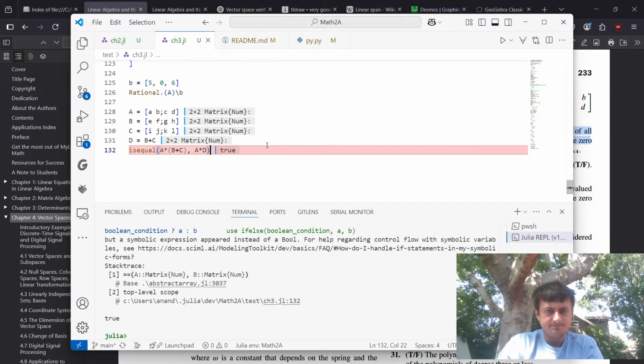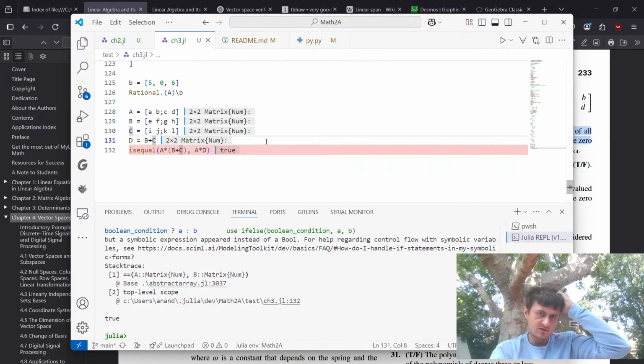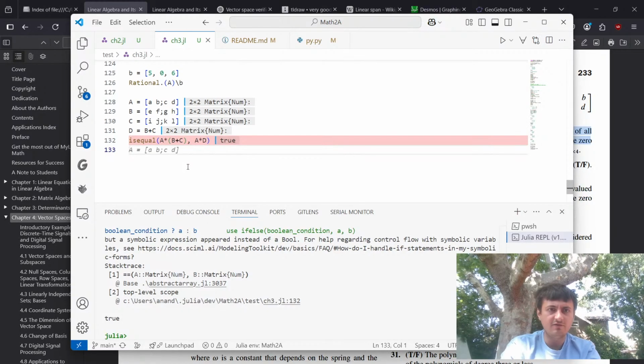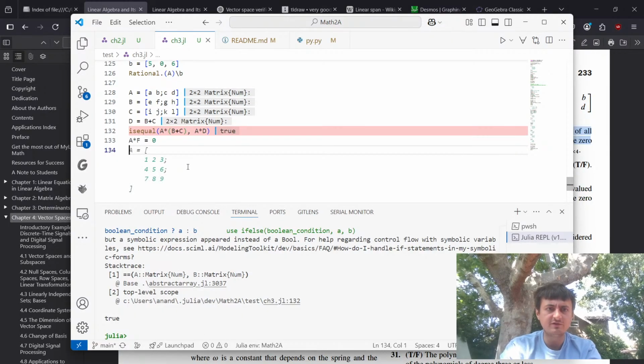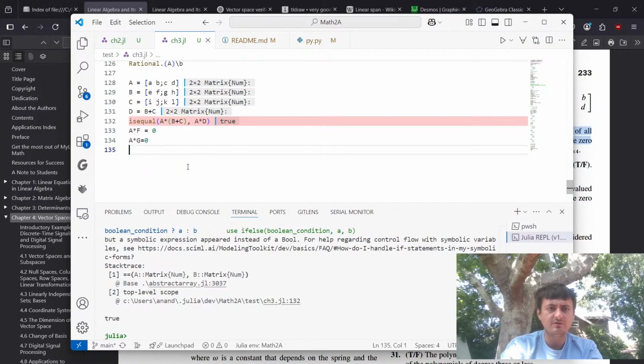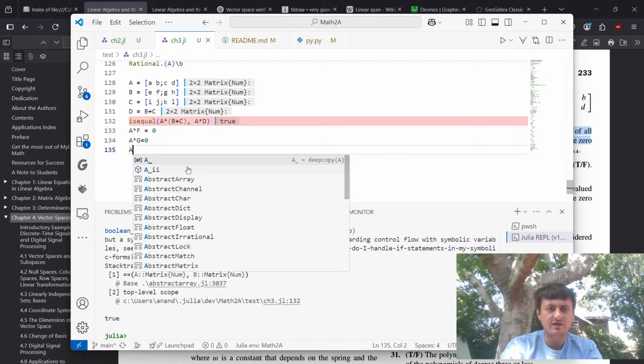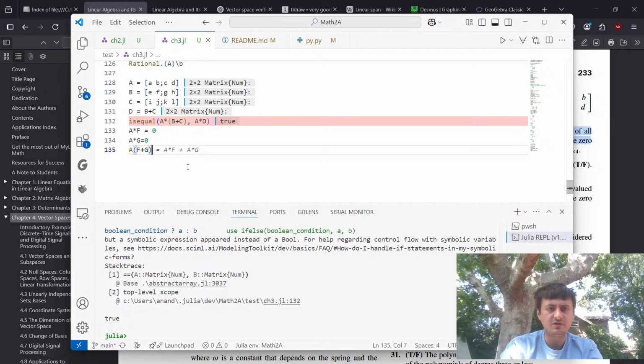Okay. Yeah, so the matrix distributes over addition. So that means that if you have A times F is equal to 0, and you have A times G is equal to 0, then A times F plus G must equal 0.